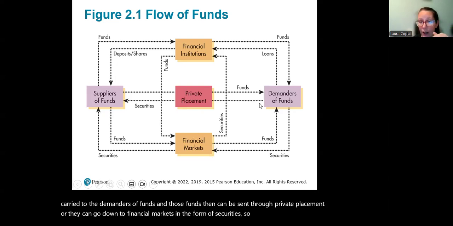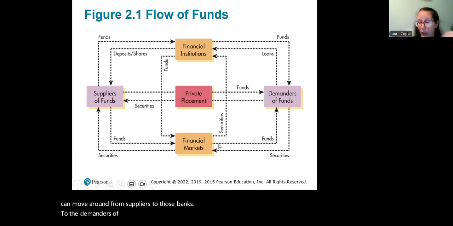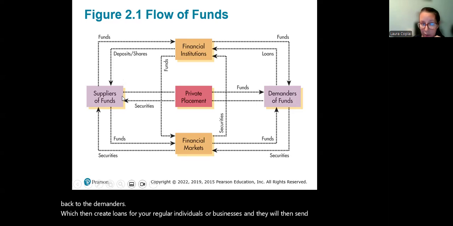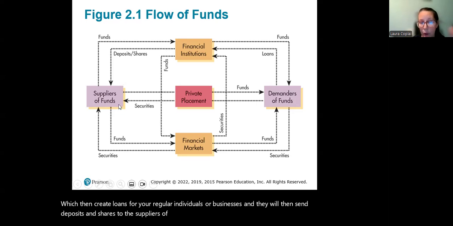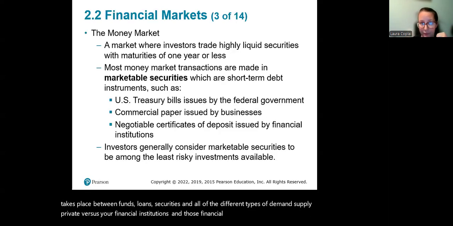So we look at how the funds can move around from suppliers to those banks, to the demanders of funds, into financial markets or securities, and those funds can then go back to the demanders, which then create loans for your regular individuals or businesses. And they will then send deposits and shares to the suppliers of funds. So again, you can just see how the flow of funds takes place between funds, loans, securities, and all of the different types of demand and supply, private versus your financial institutions and those financial markets.